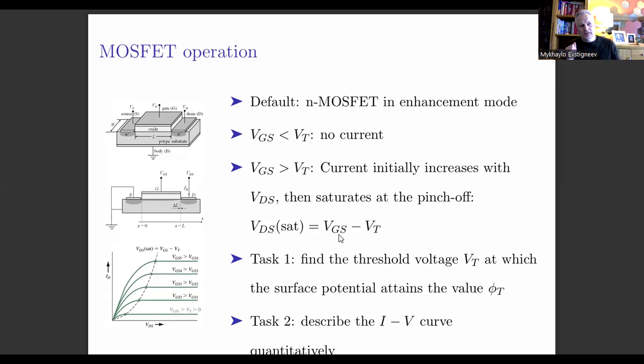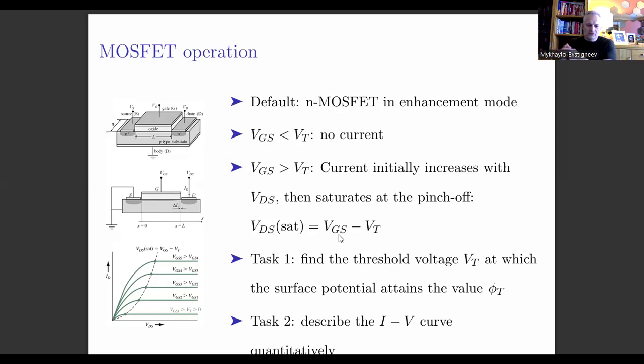which means that electrons are pulled from the left end of the inversion layer, from the source, to the right end of the inversion layer. When they reach the right end of the inversion layer, what do the electrons do? They cannot get accumulated. They have to go further. Where do they go? Of course, they go to the drain. And so the electrons are pulled by the same voltage.